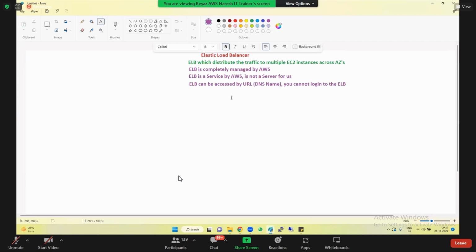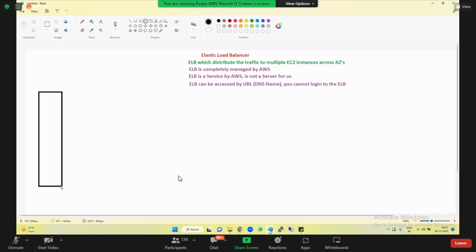Okay. Now, the real-time diagram example is required, no? So let me put that diagram. This is the ELB. And then we have the EC2 instance.